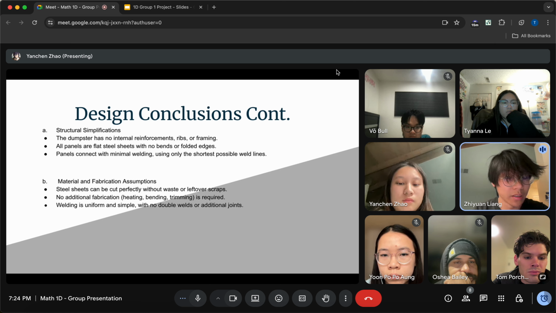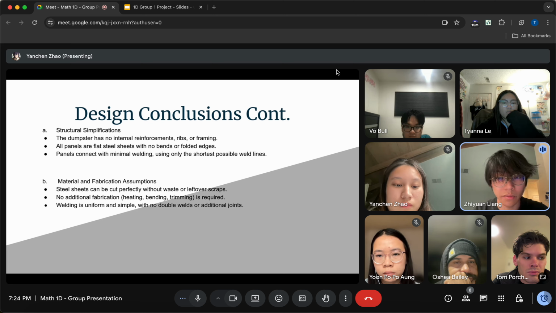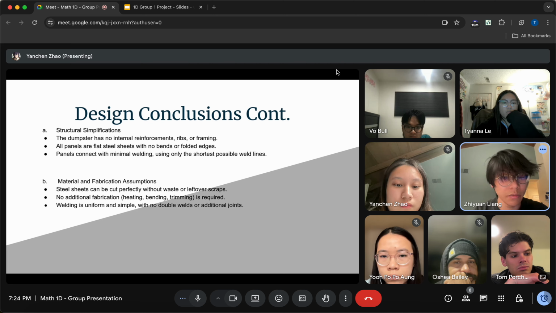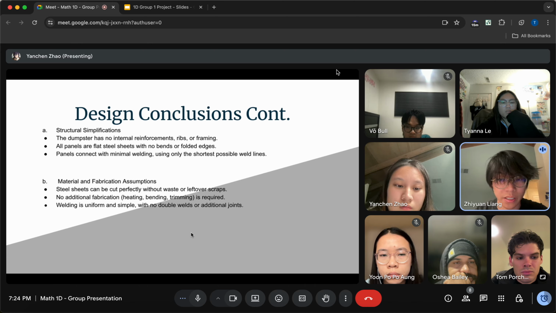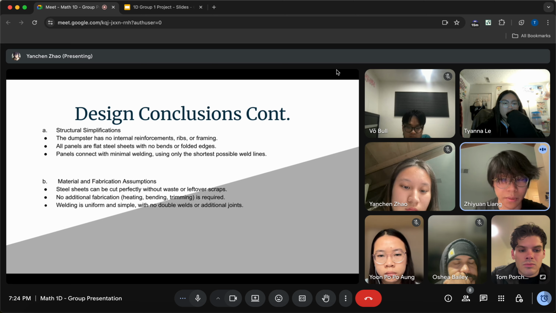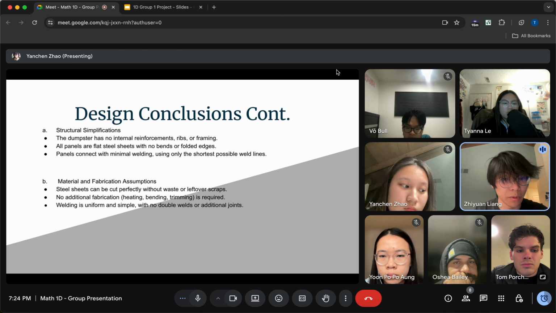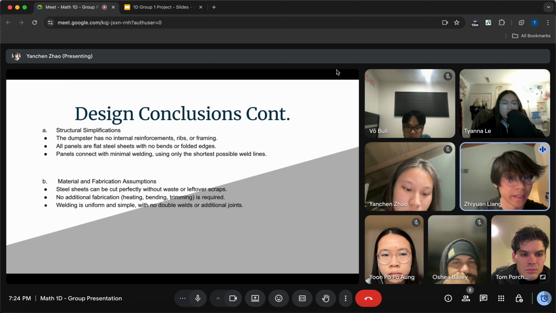Second, we assume all panels are flat steel plates. We also assume the welding is minimal, only the shortest lines needed. For metals and fabrication, we assume the steel sheets can be cut perfectly with no steel waste, and there is no heating or bending required.